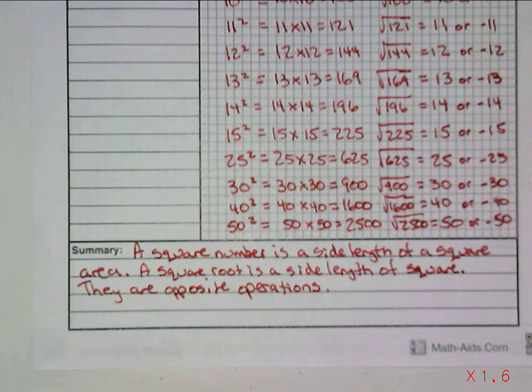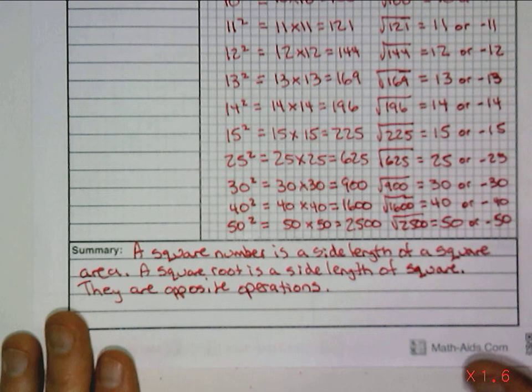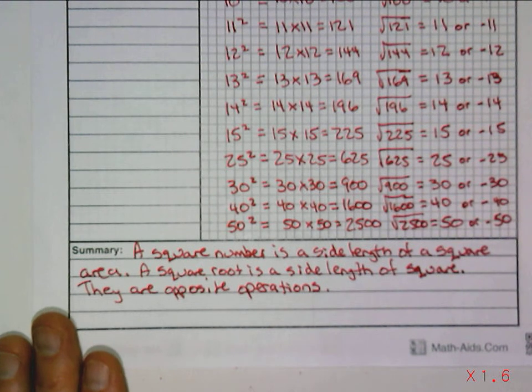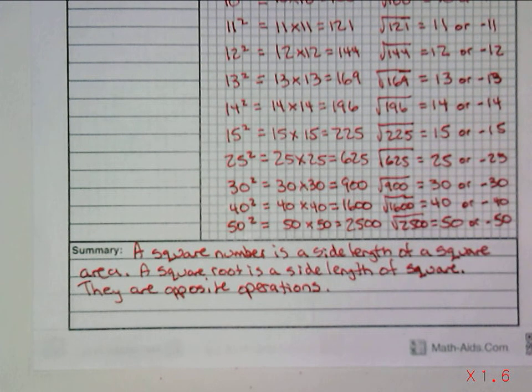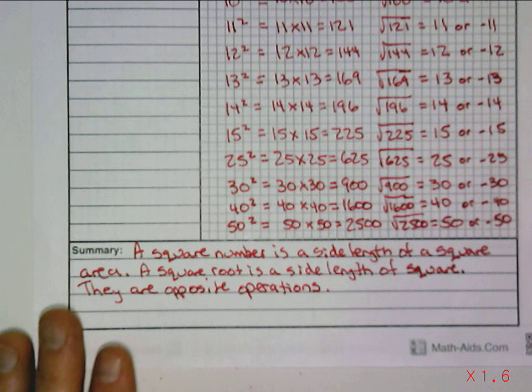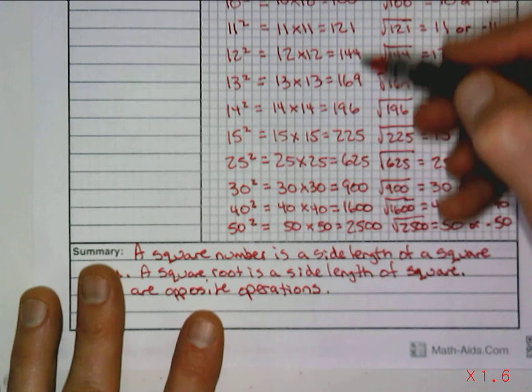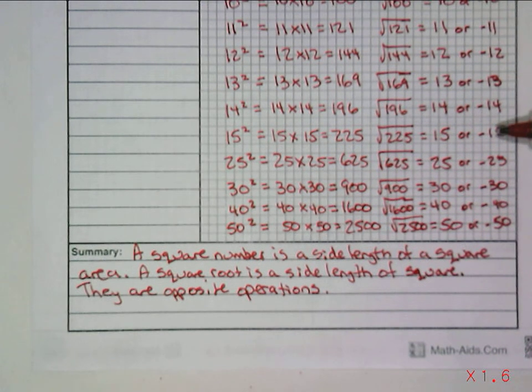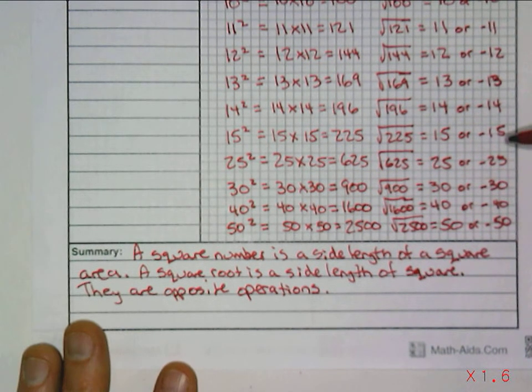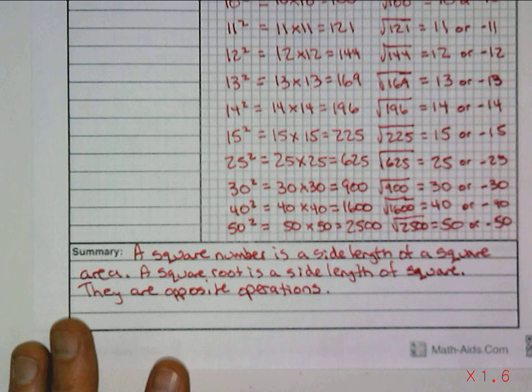And so that's how we calculate them, and that's how they're used. In the lessons we're going to use them as area, so the positive ones are the ones that we will see in this case. And we need to remember that the negative ones do exist as well.